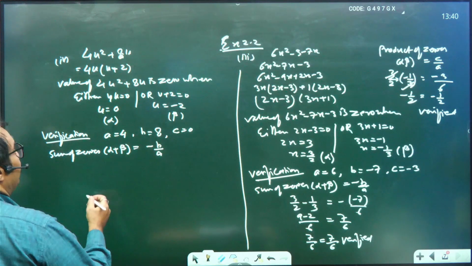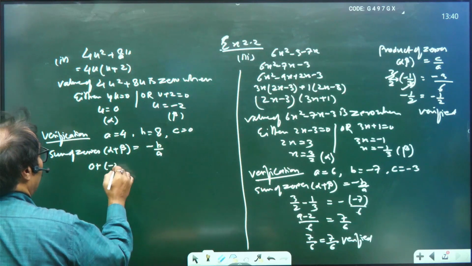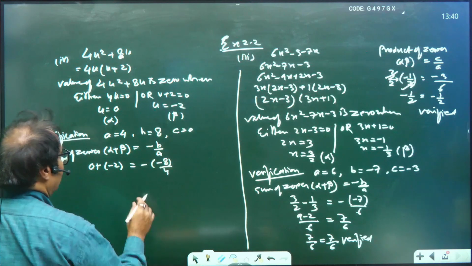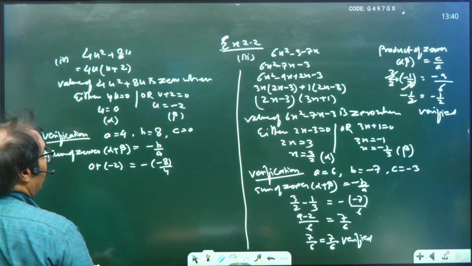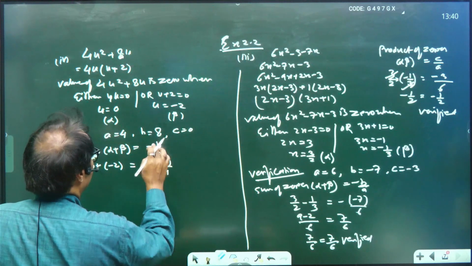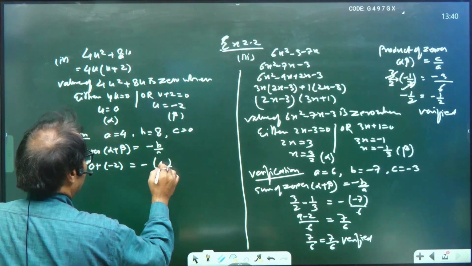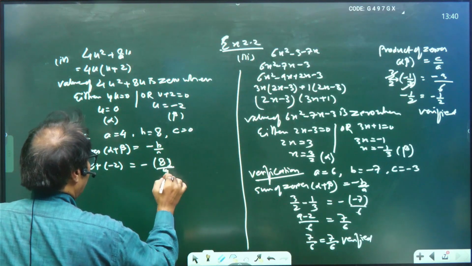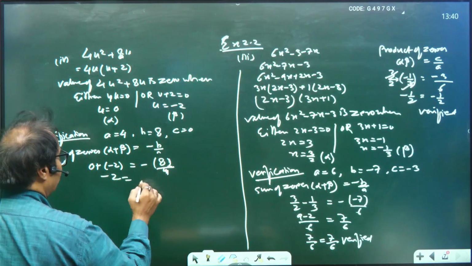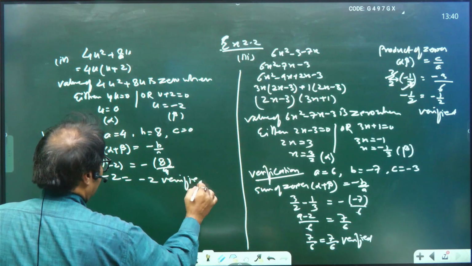Put the value of alpha and beta: alpha is 0 and beta is minus 2, and minus b means minus 8 by 4. Sorry, b is plus 8, not minus 8. The value of b is positive. So minus 8 by 4 will be minus 2, and minus 2 equals minus 2. So it is verified.